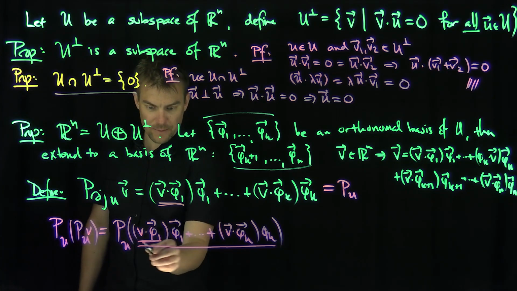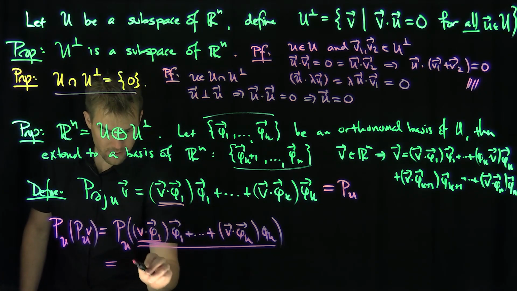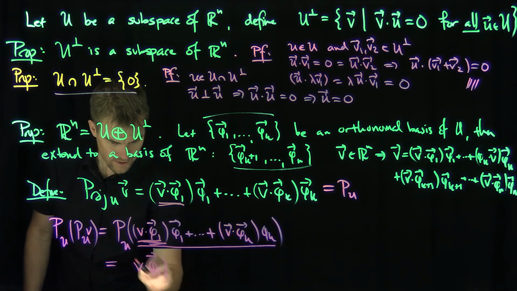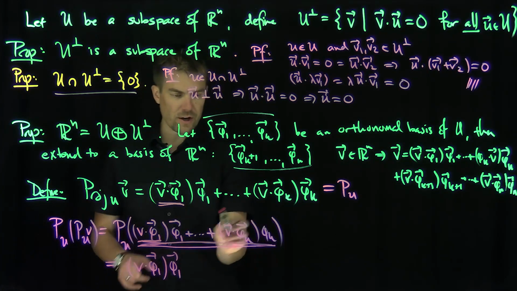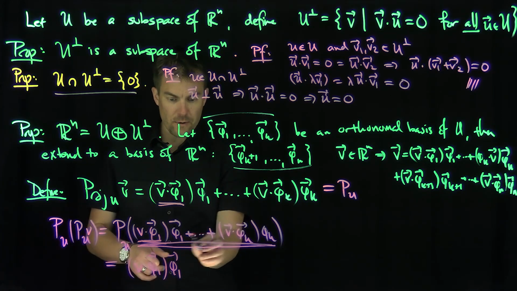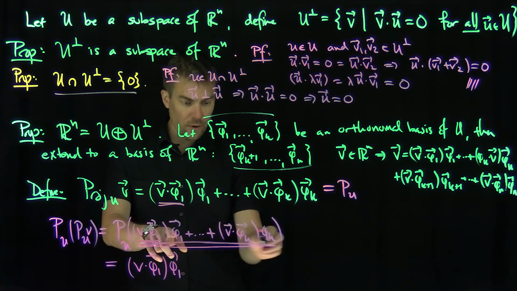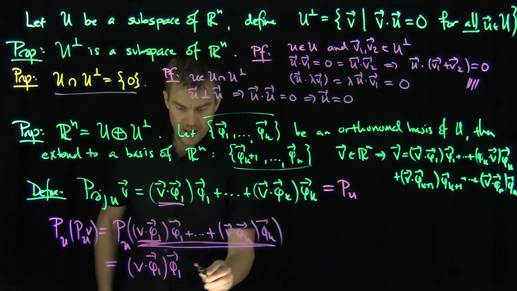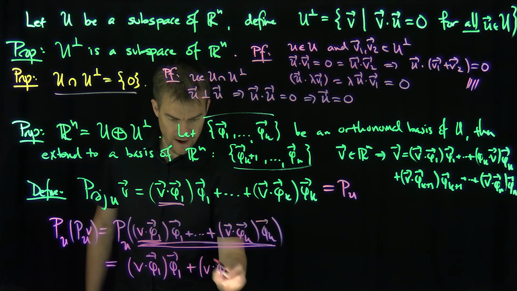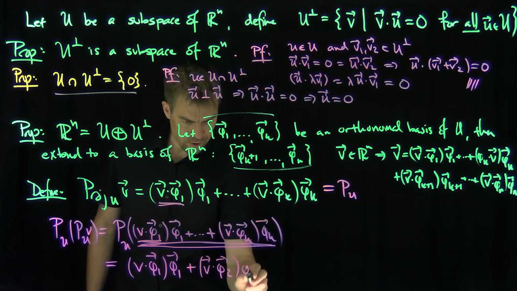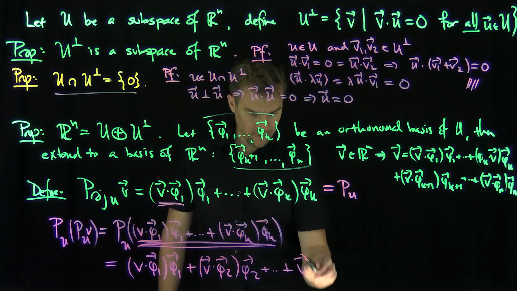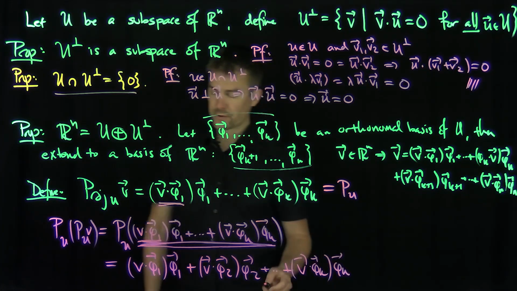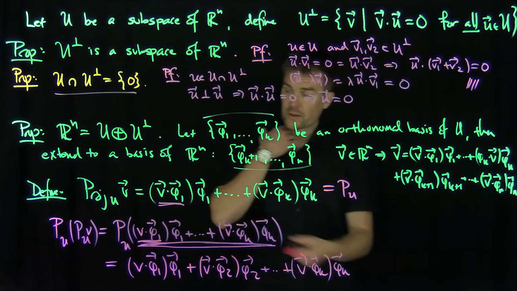All that's going to pop out is V dot phi 1 in the direction of phi 1. If I dot this whole expression with phi 2, everything but phi 2 will cancel out, and I'll be left with V dot phi 2 in the direction of phi 2, all the way down to the last thing. The same reasoning applies: this is going to be V dot phi k in the direction of phi k, which shows that P squared is equal to P.